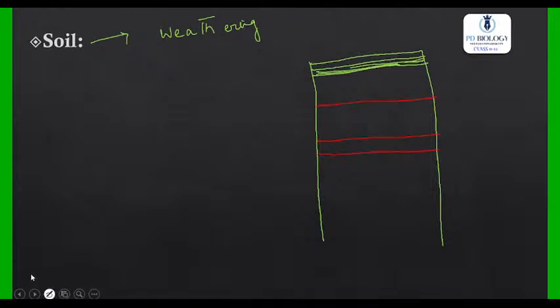You can change the color to detect the different areas. Look at here.